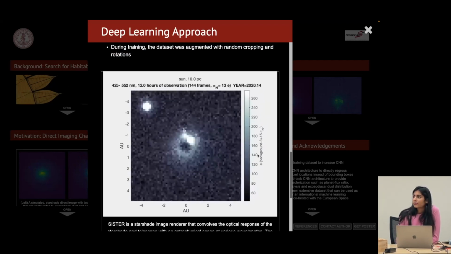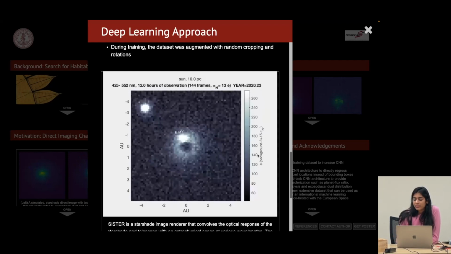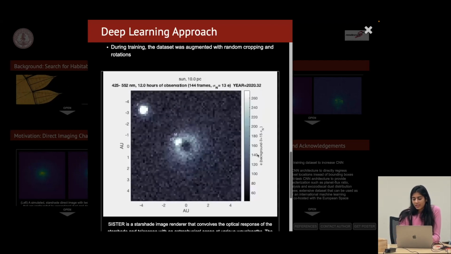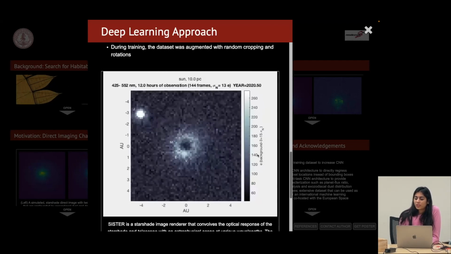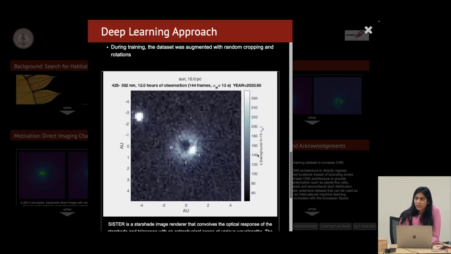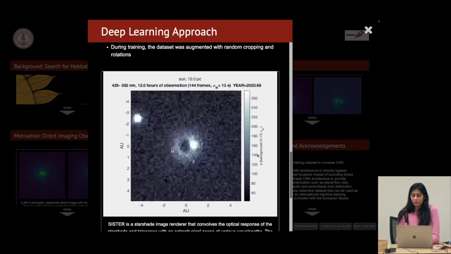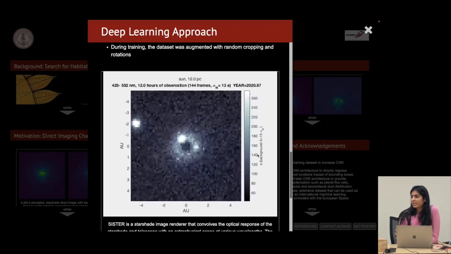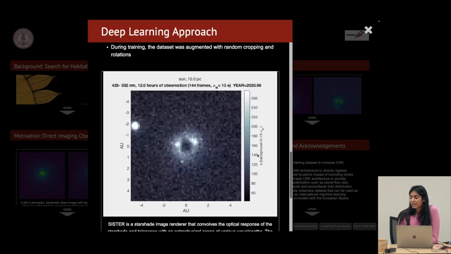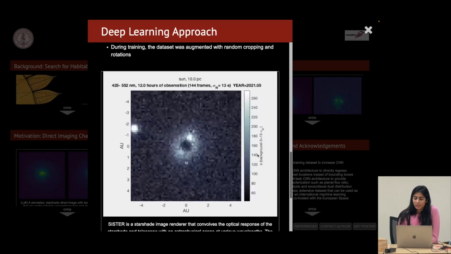The data set that we're using was also generated by JPL using SISTER. They hosted a Starshade Exoplanet Data Challenge where they created a data set and chose teams to compete to create algorithms that could process the images.